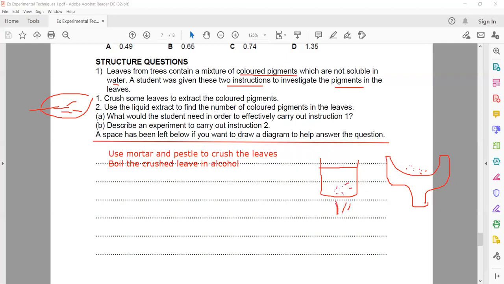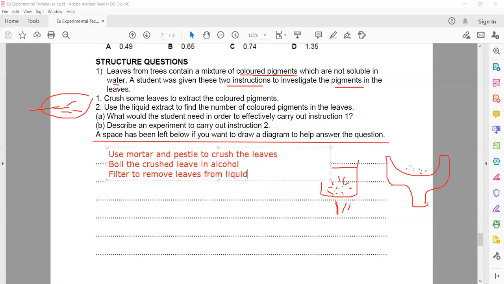When we boil, the color is removed from the leaves, and then we can filter to remove the solid particles or remains of the leaf. What we are left with now is a liquid extract, the color.